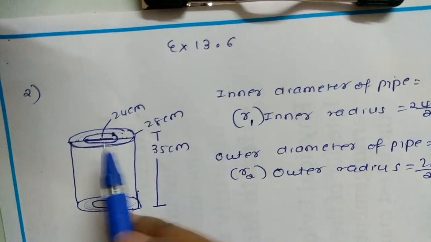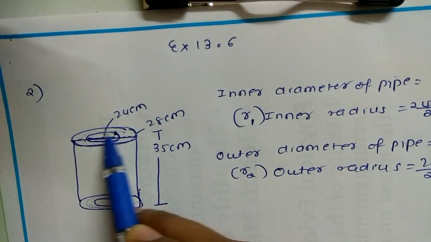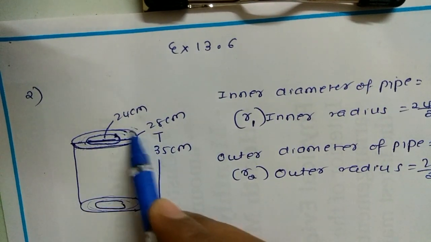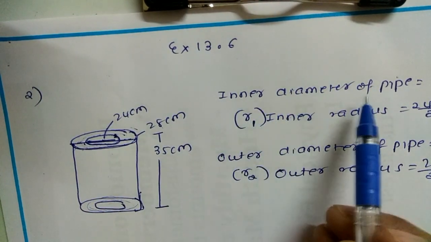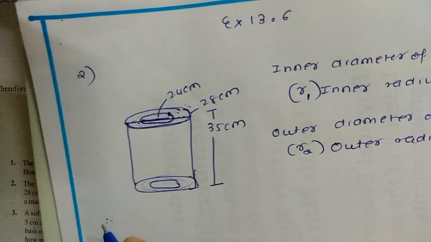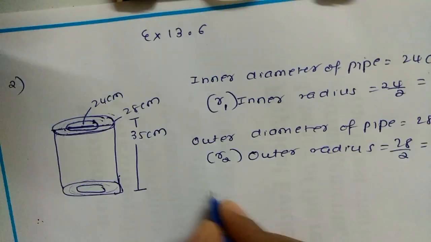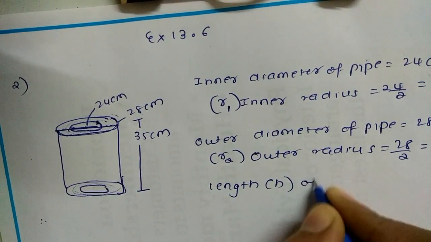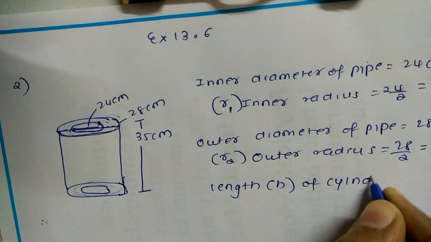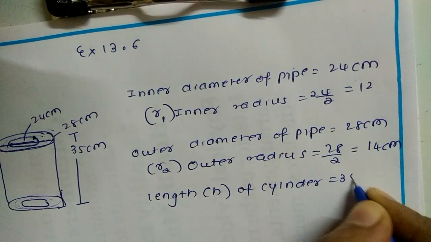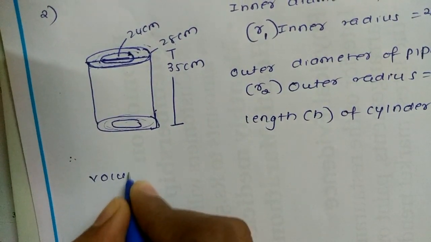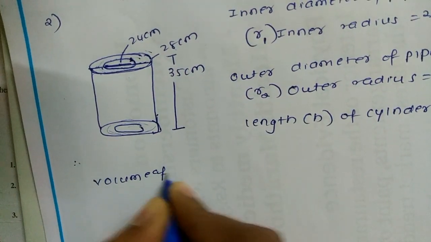Now to find the volume of this shape, we have to find the volume of the bigger outer diameter pipe and the inner diameter pipe. The length is also given, so we'll write down the length. The length is nothing but the height of the cylinder, and it is the same for both inner and outer diameter.